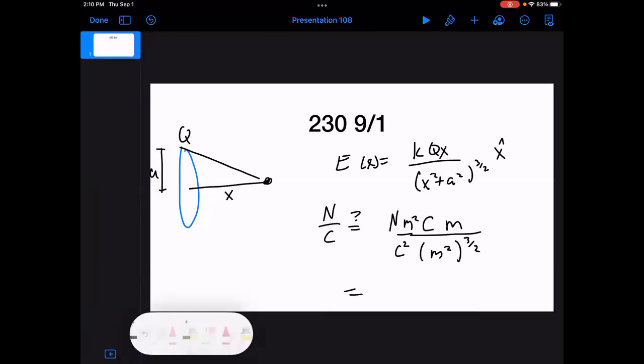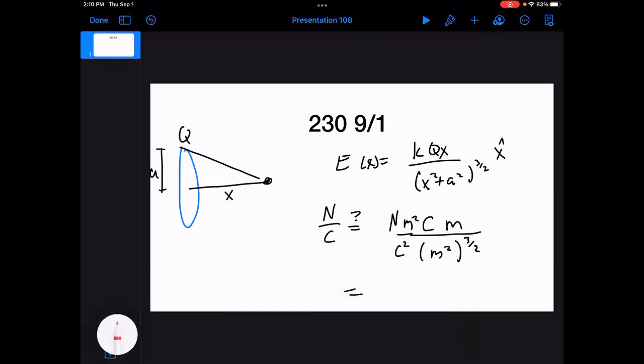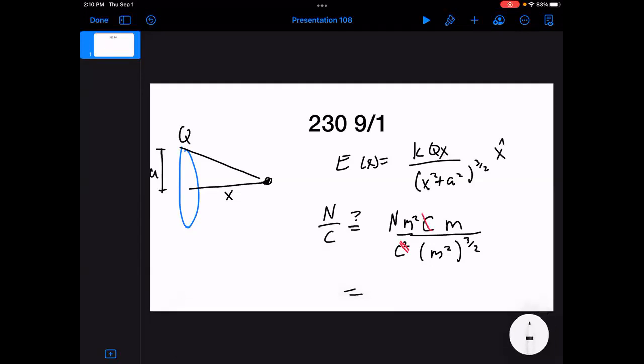Okay, now looking at this, let's start canceling things out. I have a coulombs there, and I can't cancel out that coulombs, but I can cancel out the squareds. I have newtons, meters cubed on top, and on the bottom here I have a meter squared to the 3/2.